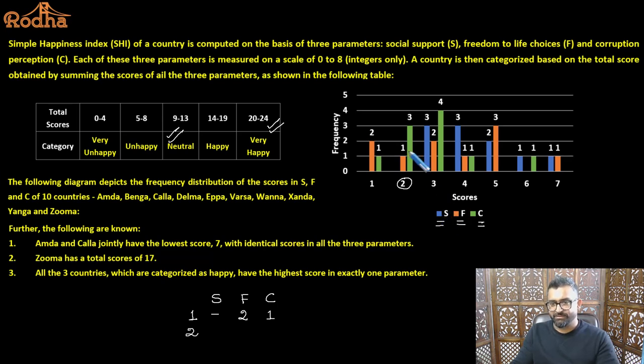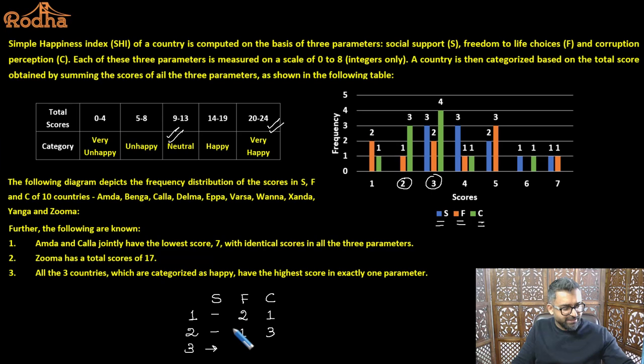Okay. If I look at point 2, at parameter S, 2 points are not given to any country, so this is nothing. And 2 points are given to only 1 country in F parameter, and C is having frequency of 3. Okay, if I look at point 3 also, just to give you a better idea, if I look at 3 in S, 3 times 3 is given.